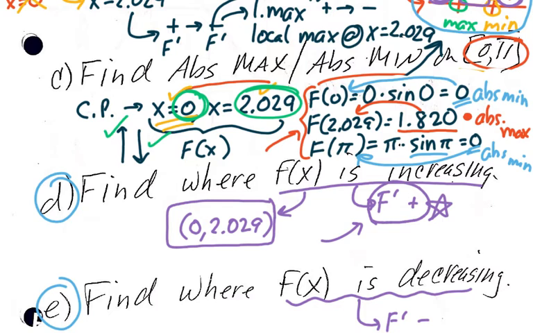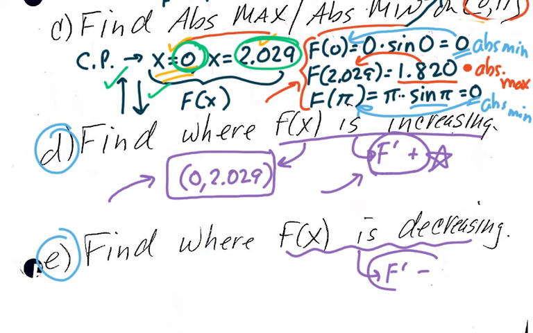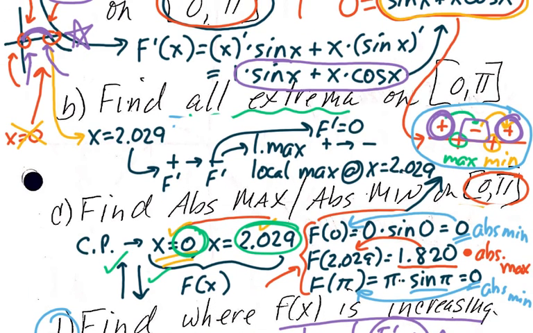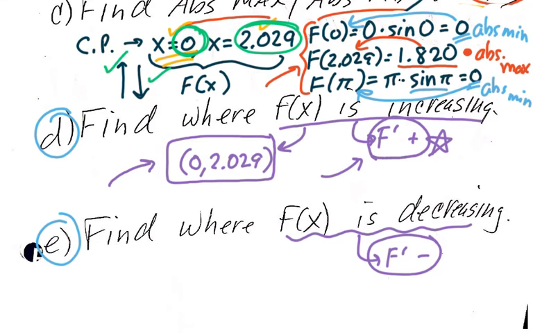So I looked at the graph, I noticed that's where my graph of the derivative is literally above the x-axis. So where is it decreasing? Where is the derivative negative? Well, look at your graph. Can you see where the graph is below the x-axis over here? If the derivative is below the x-axis, the derivative is negative, so therefore it would be there. So how about from 2.029?